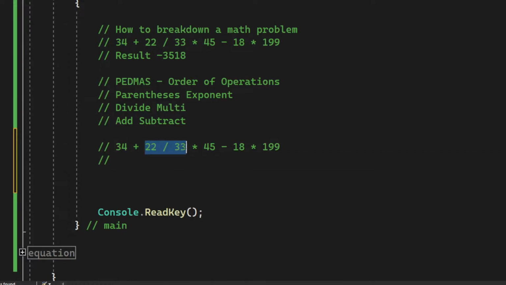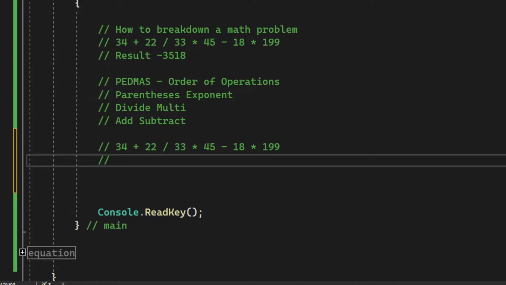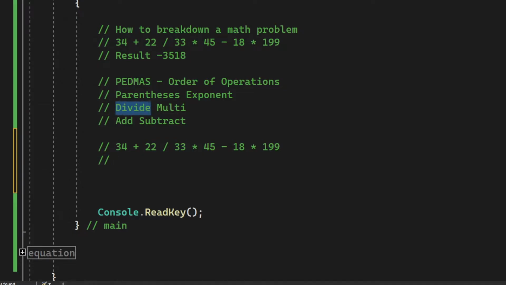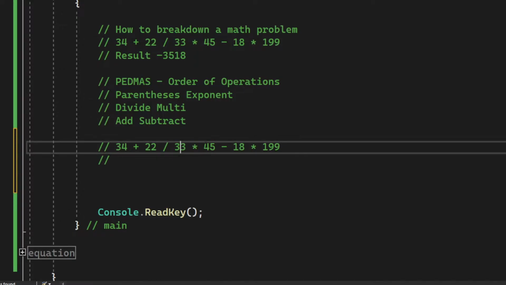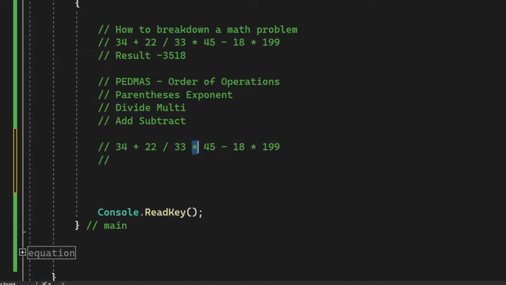This is actually the first math operation we're going to perform because it performs a division. Now, division and multiplication actually have the same level of priority, meaning that if this multiplication had come first, then we would have performed that first. It's just because division came before multiplication, left to right, that we're performing it first.